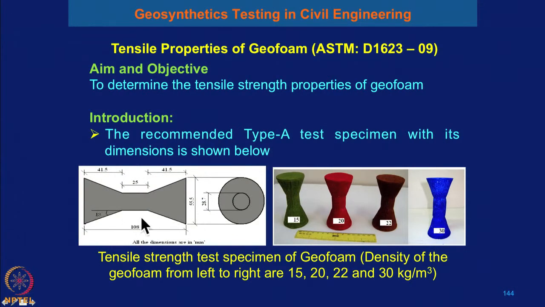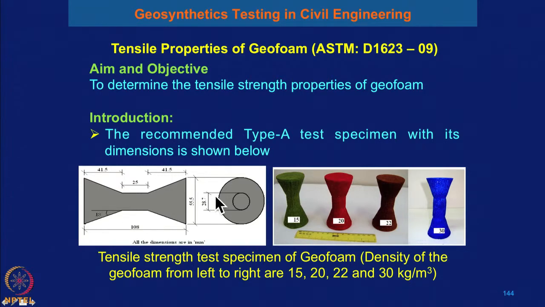Here you can see this is the tensile stress specimen of the EPS geoform, and the size from here to here is about 25 millimeter, here to here is 41.5, here to here is 41.5 and this is 55.5 millimeter, and the total is about 108 millimeter, and you can see here this diameter is 28.7.